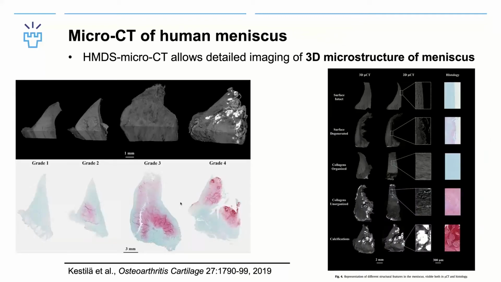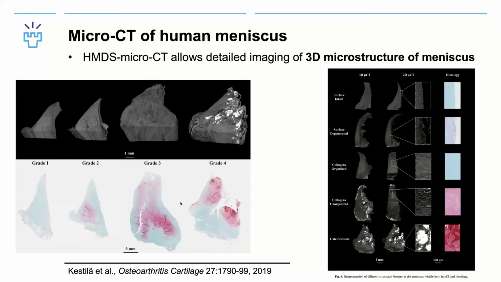Then let's move to another very important joint tissue, which is meniscus. We have also studied a lot in collaboration with Lund University, with Professor Martin Englund's group. We have studied meniscus and tried to understand what is happening in meniscus during the knee osteoarthritis disease process.